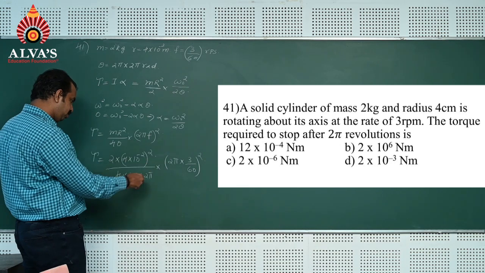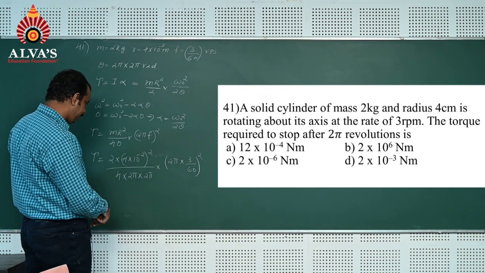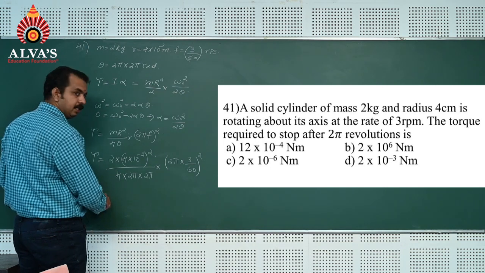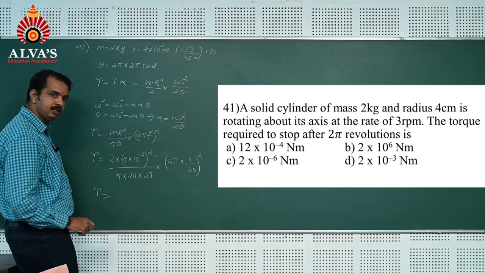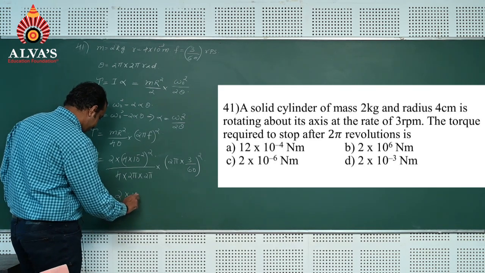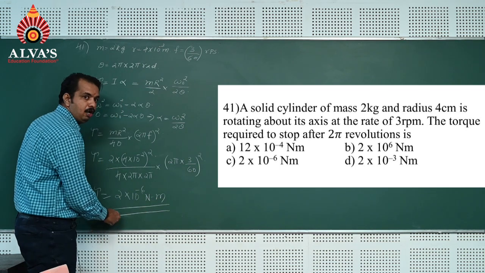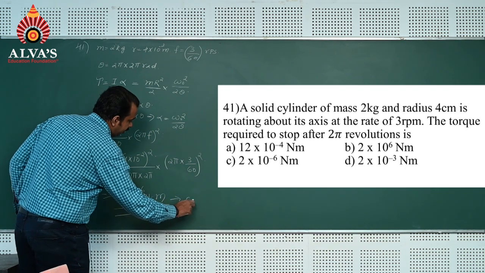So 2 pi whole square gets cancelled here. It is 1 by 400. If you simplify, we get the answer 2 into 10 to the power minus 6 Newton meter. So option C is the correct answer.